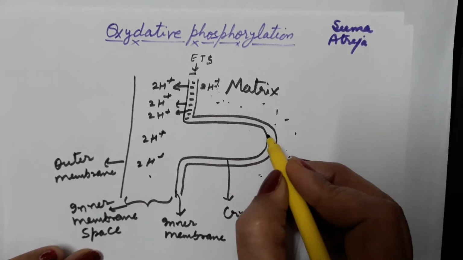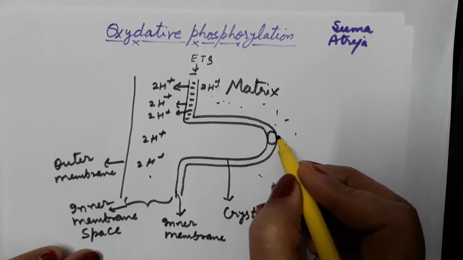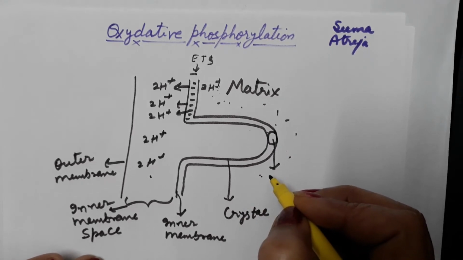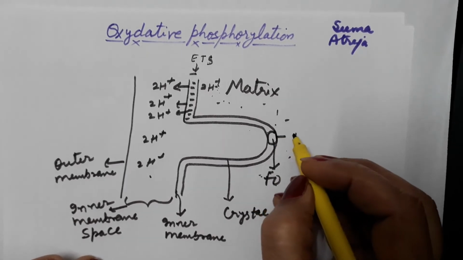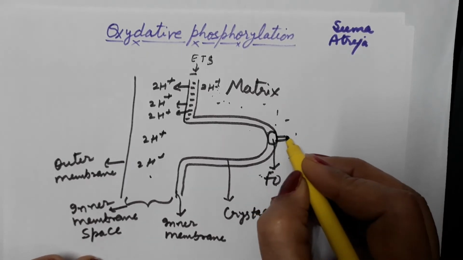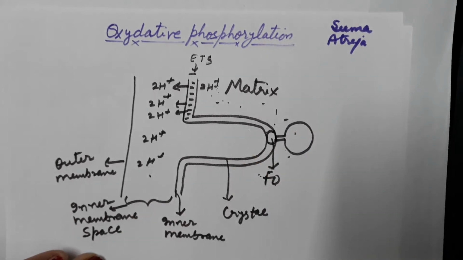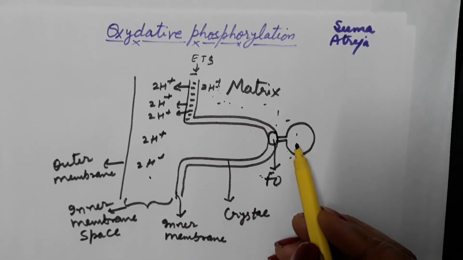FO particle is embedded in the inner mitochondrial membrane, and the head region is present in the matrix of the mitochondria.